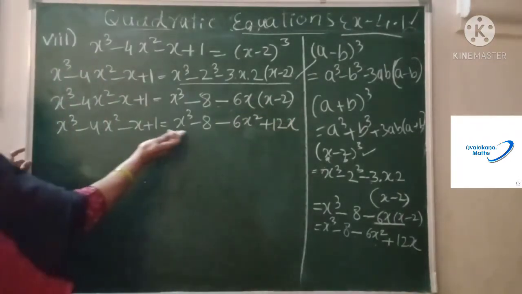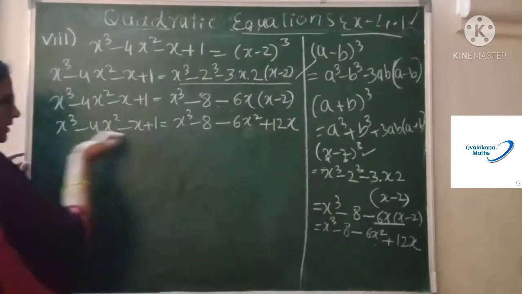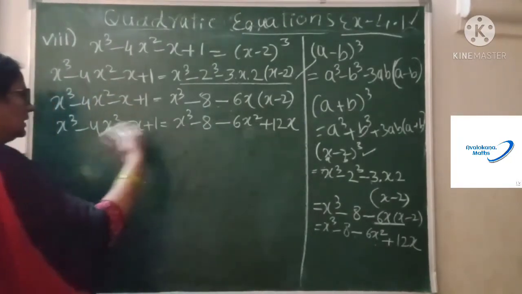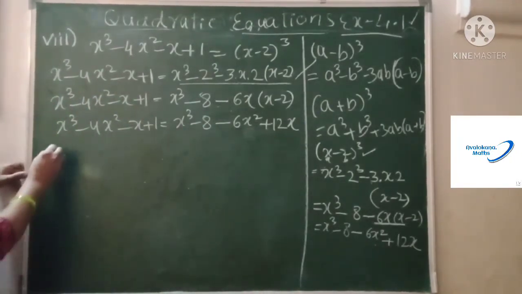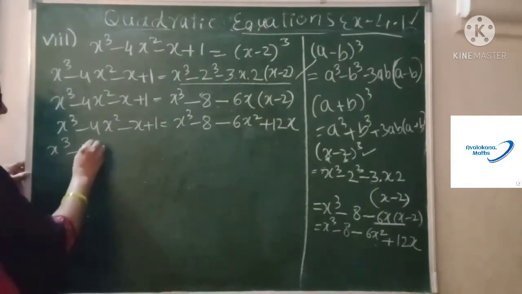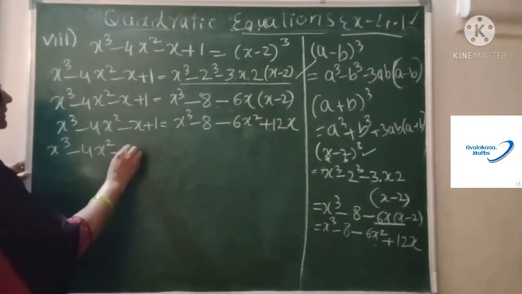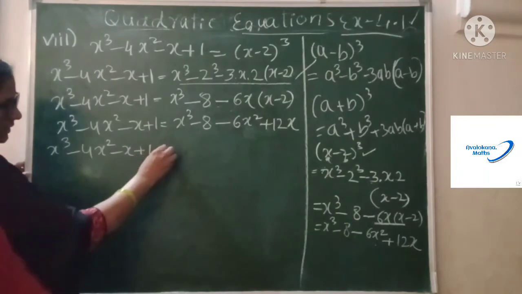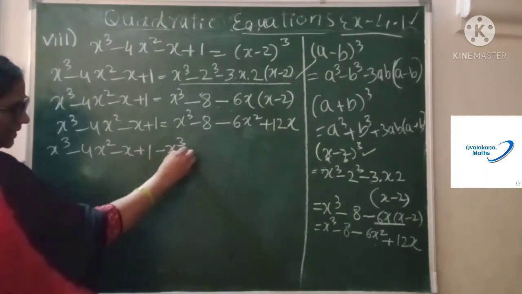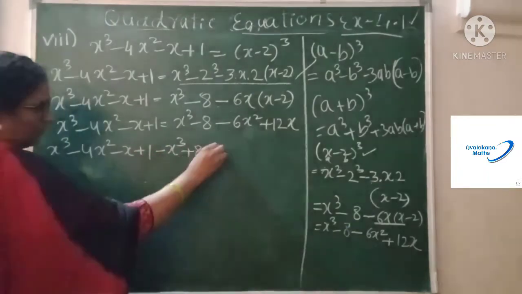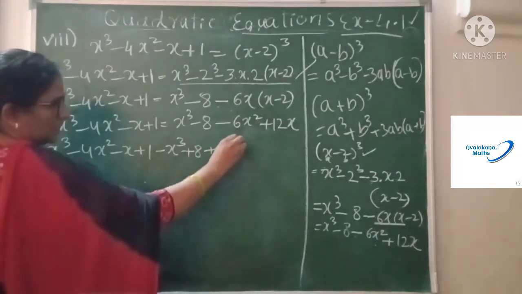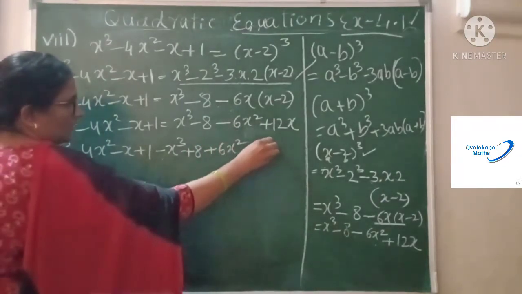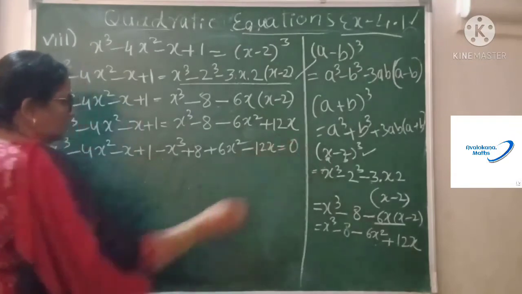Okay. Now we cannot add and subtract here also and here also. Only thing next is to bring that this side. So you have here x cube minus 4x square minus x plus 1, bring it: minus x cube, minus becomes plus 6x square, plus becomes minus 12x equals 0.